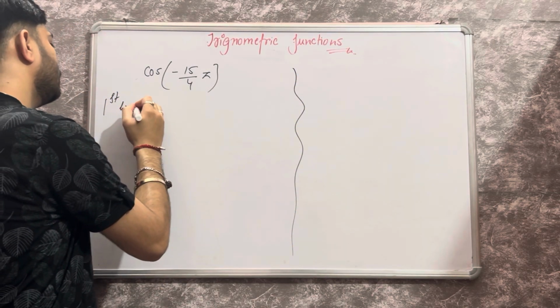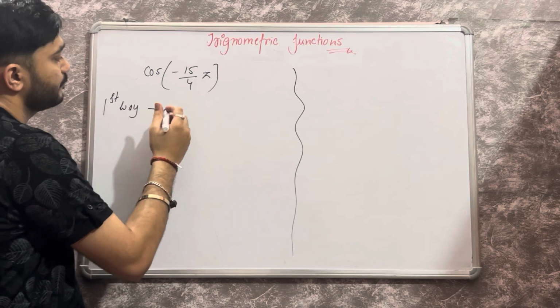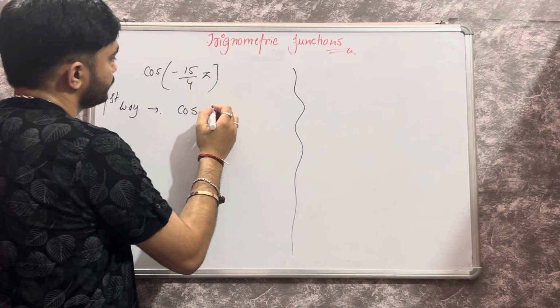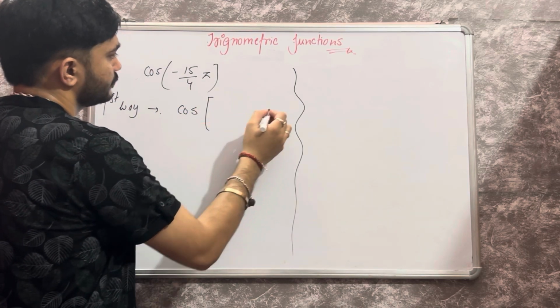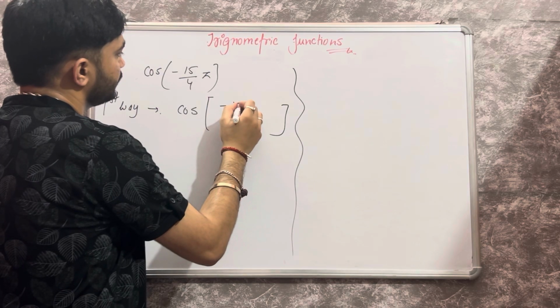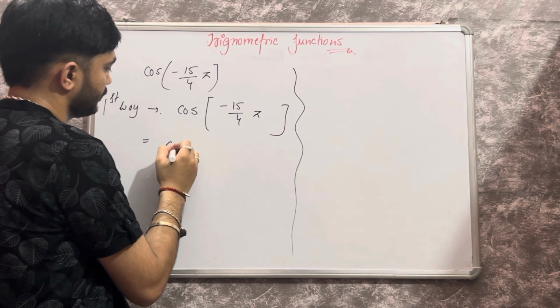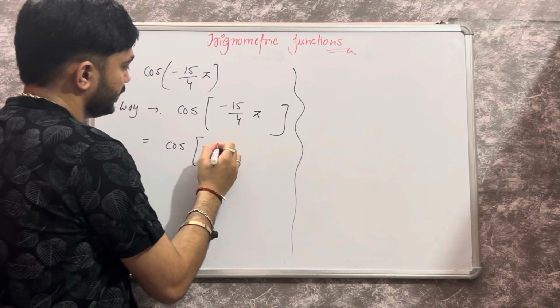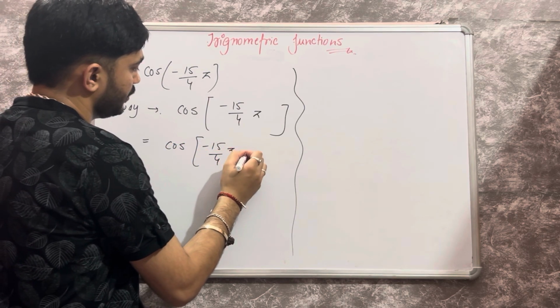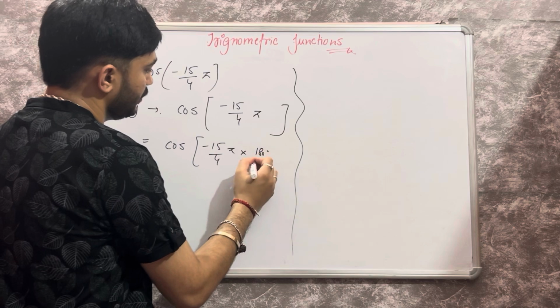Let's solve this in two ways. First way, cos of minus 15 by 4 pi into 180 degree by pi.